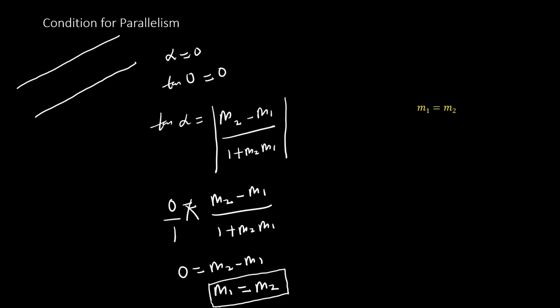Let's look at the second condition, which is the condition for perpendicularity. If two lines are perpendicular, then the angle between them is 90 degrees. Therefore, we have a line AB perpendicular to the line CD. We now have the angle here to be 90 degrees.